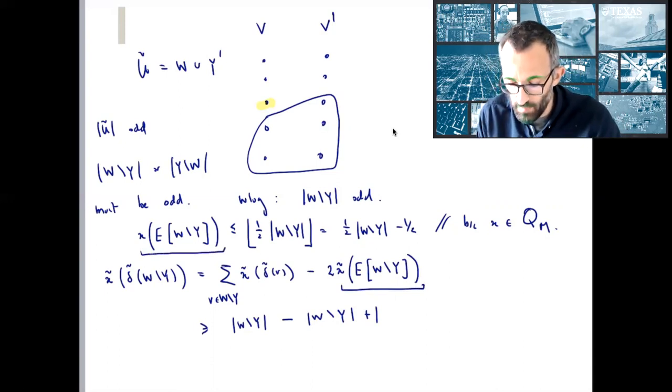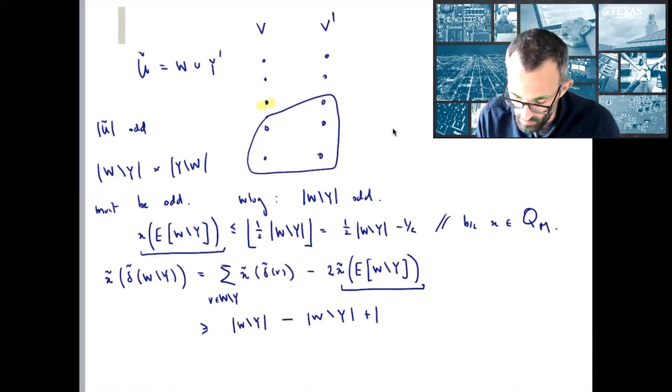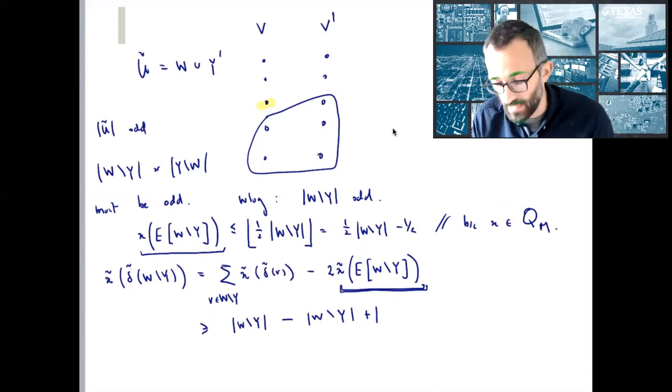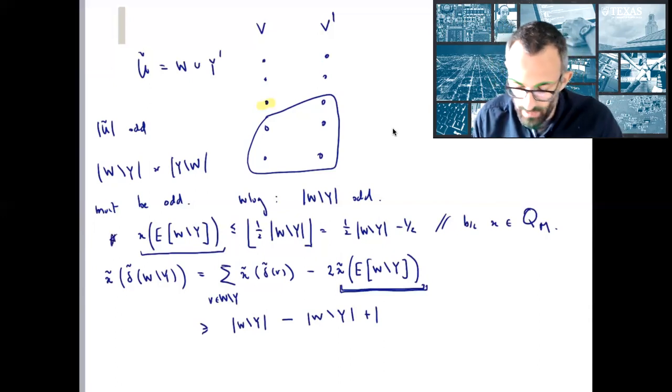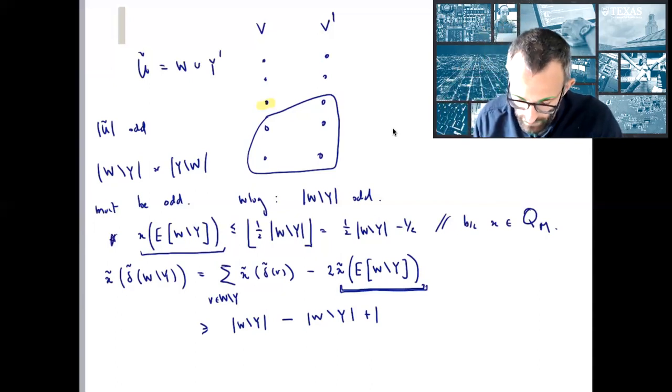And it's what's sitting right there because of the way that I constructed x tilde. So x tilde on this subset, on these edges, coincides exactly with x. So what's underlined here is exactly equal to x, not x tilde, to just x of e of w minus y. And therefore this inequality that I got because x, we assumed, was in QM holds, and therefore I get this. And this is therefore exactly 1.